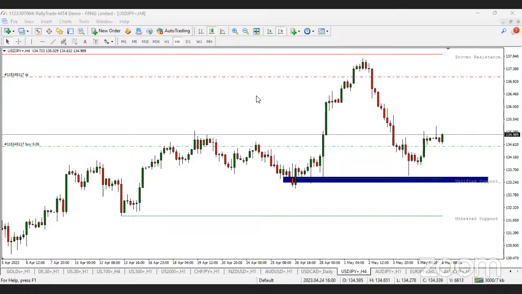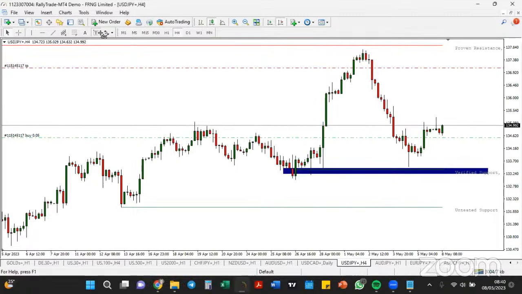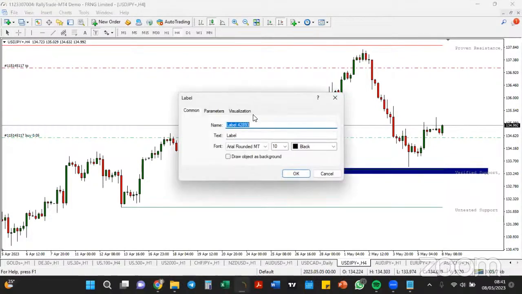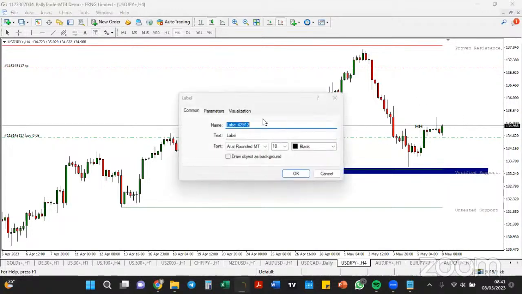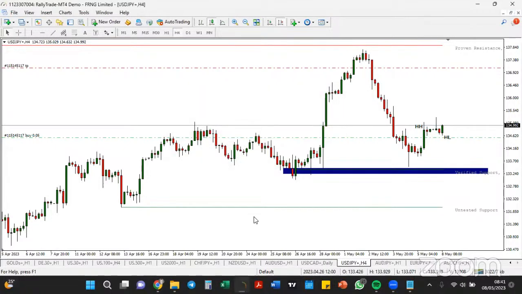Now price is creating this new higher high, and then this new higher low. So we're still pushing in an uptrend.